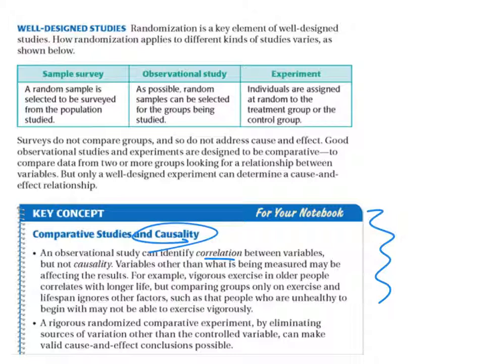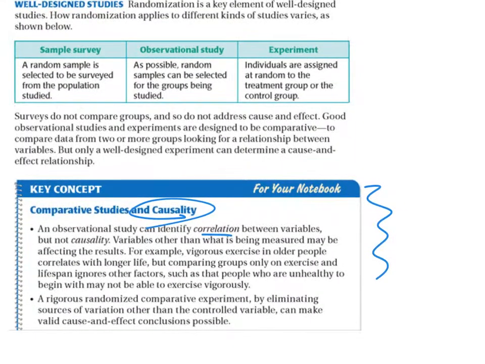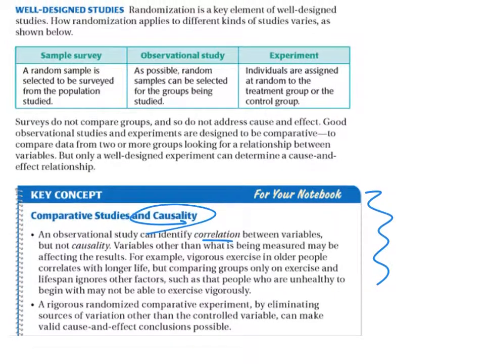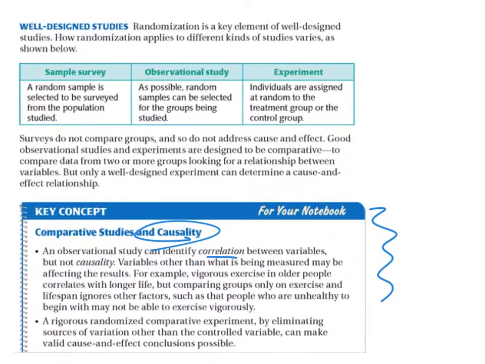A rigorous randomized comparative experiment, by eliminating sources of variation other than the controlled variable, can make valid cause and effect conclusions possible.